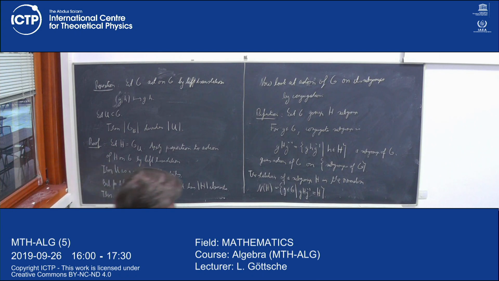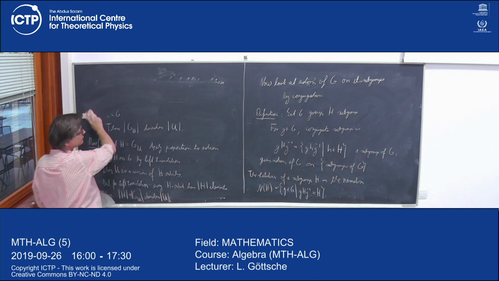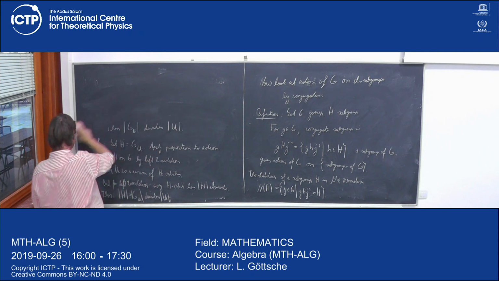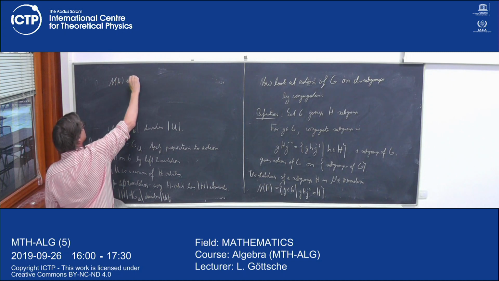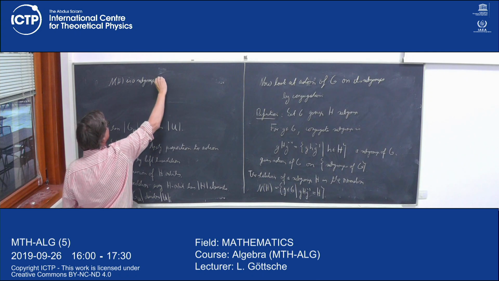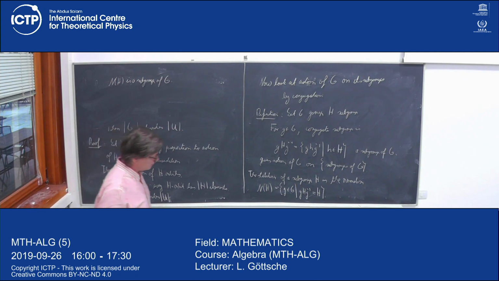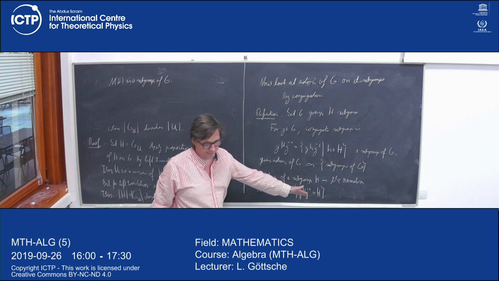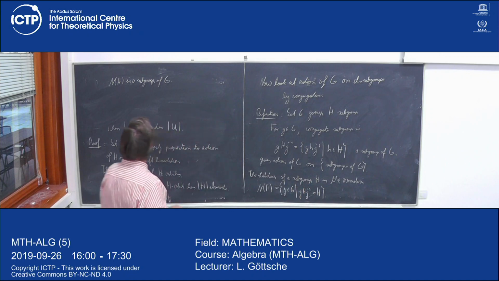We have already seen that N of H is a subgroup of G, and H is a subgroup of N of H, because every element of N of H obviously does this.